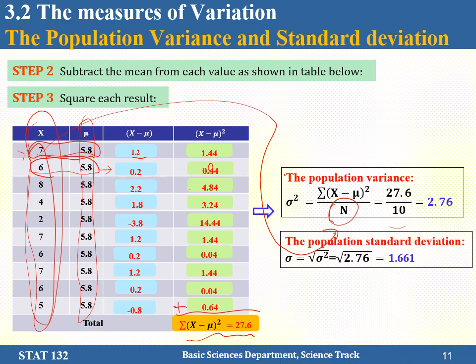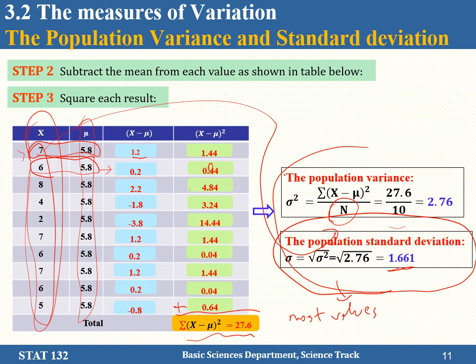And now you can find the standard deviation. The standard deviation is equal to the square root of 2.76, which is 1.661. If you want to know what this means about the data, you can say you expect most values of the data to fall in the interval of the mean, 5.8, plus or minus 1.6.